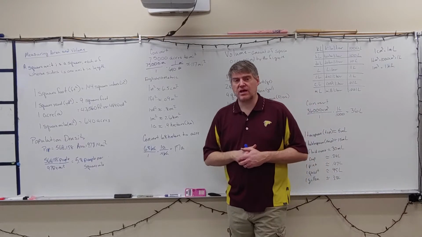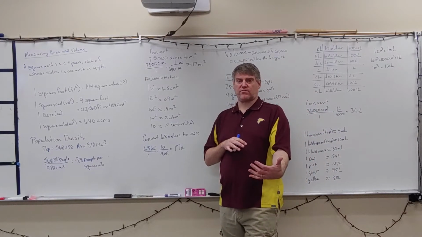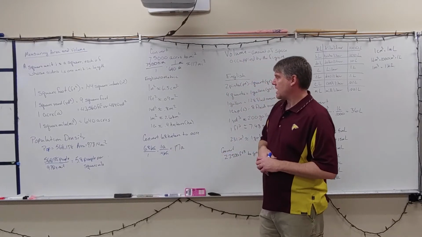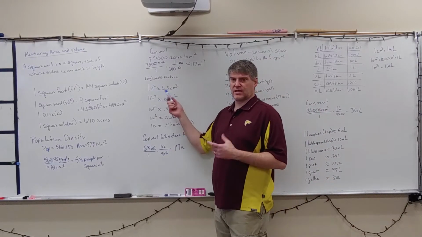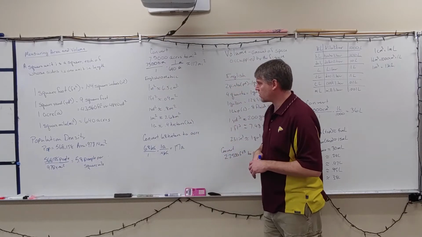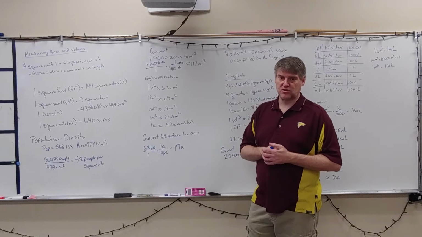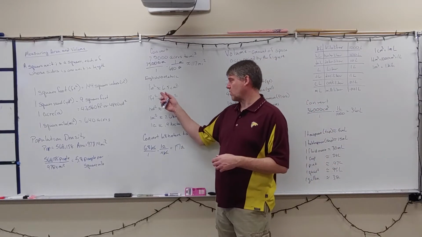One of the things that a lot of times we want to do is convert from the English system to the metric system. We can do that, and a lot of times this is just the square of those. So if you remember, 1 inch is approximately equal to 2.54 centimeters. Well, I'm going to square that.